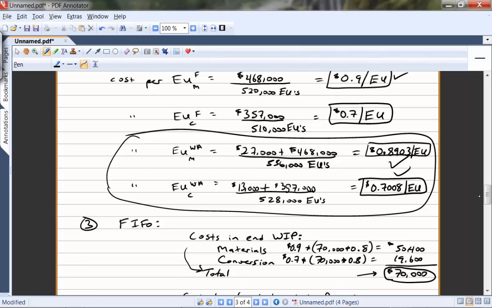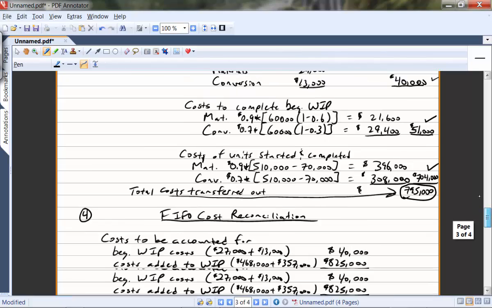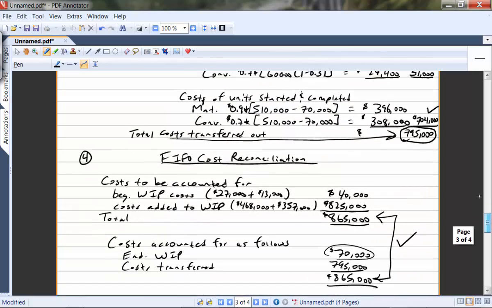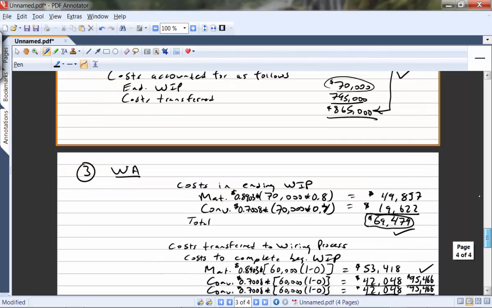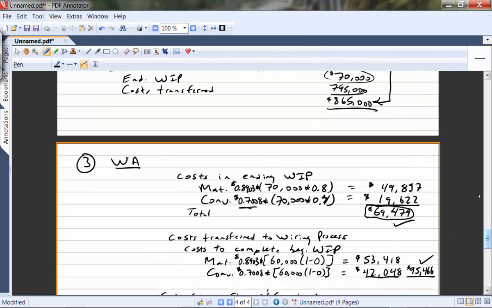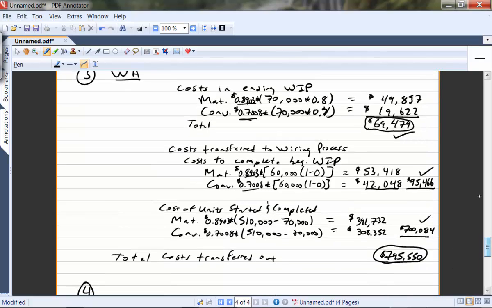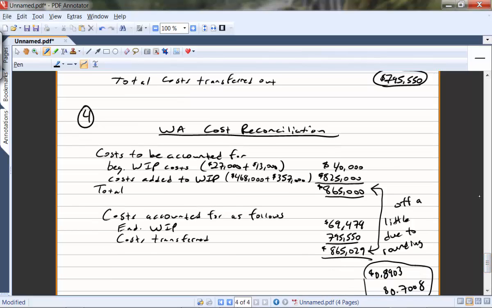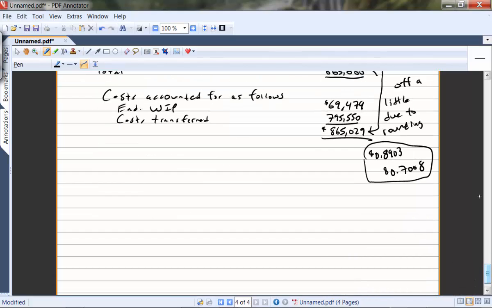Again, if we keep these two numbers in our calculator to the full decimal place accuracy, and we replace the rounded numbers in every place that we use those, like right here, and right here, and right here, then you will get exactly the same. So this concludes the video on process costing.